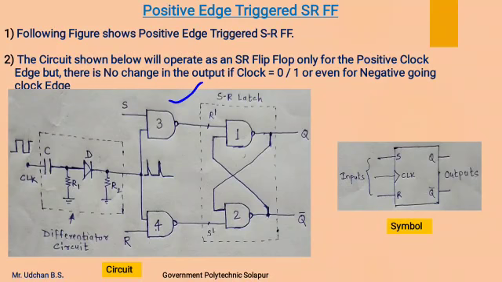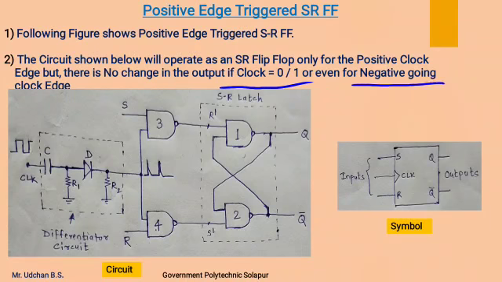The circuit consists of the 4 NAND gates, 1, 2, 3 and 4. The circuit shown below will operate as an SR flip-flop only for the positive clock edge, but there is no change in the output if clock is 0 or 1.